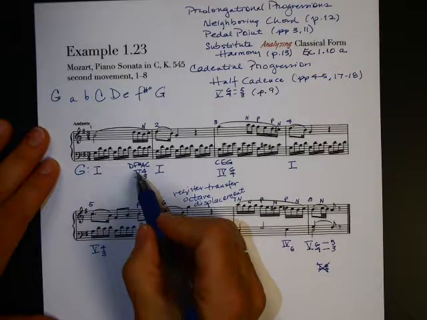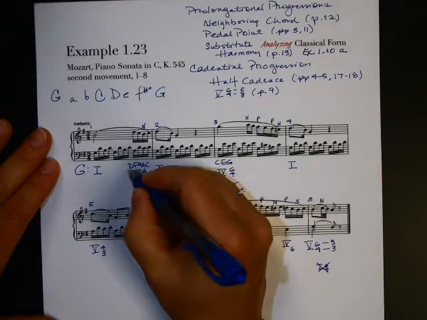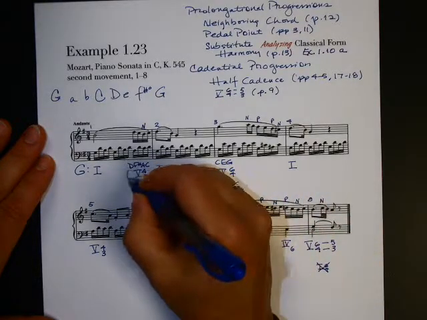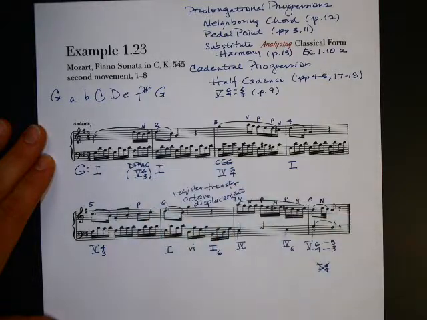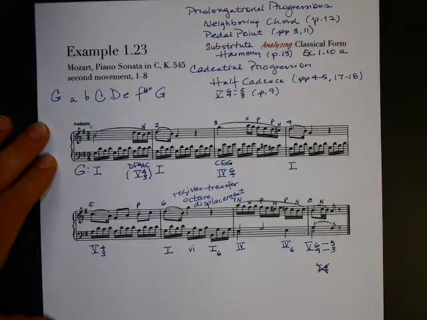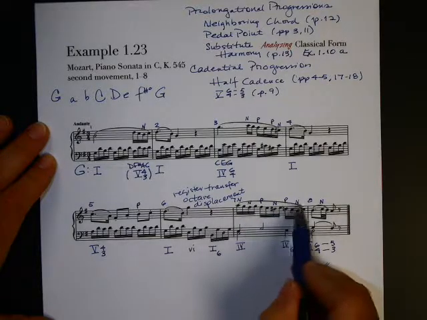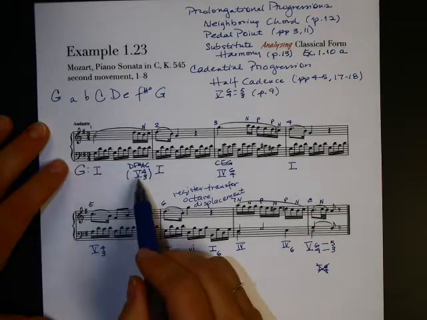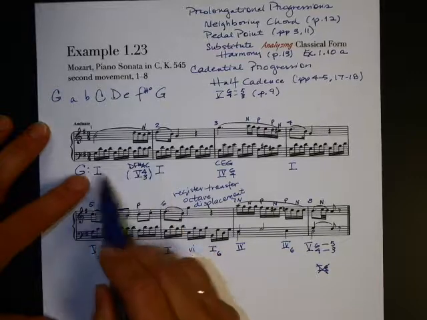In Kaplan's analytical annotations, he would put this in parentheses. He might also label it as a neighboring chord the same way that we labeled non-chord tones with an N. So from 1 to the neighboring 5 4-3 back to 1, that is all part of a tonic prolongation.